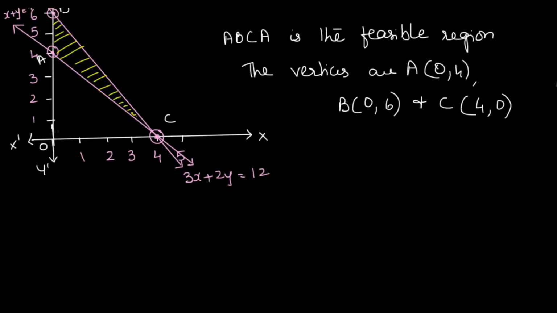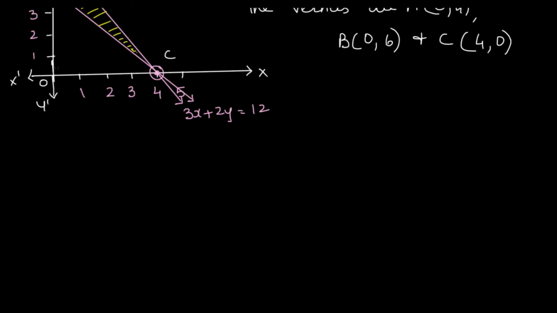Now let us apply these corner points to the objective function. The objective function is Z is equal to 4x plus 6y.